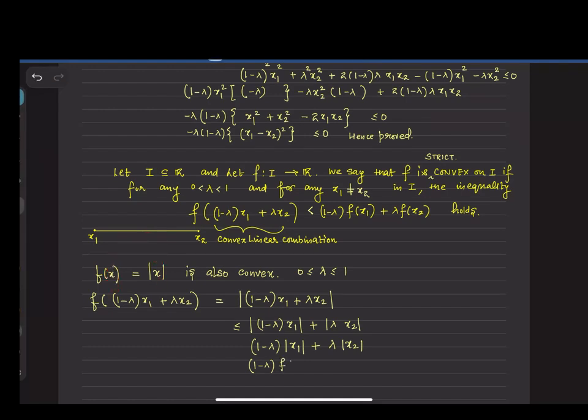So this is 1 minus lambda times f at x1 plus lambda times f at x2. So we have shown by the definition only that f at 1 minus lambda into x1 plus lambda into x2 is less than or equal to 1 minus lambda into f of x1 plus lambda into f of x2. So this is what we needed to show for f to be convex. So this implies f is convex.